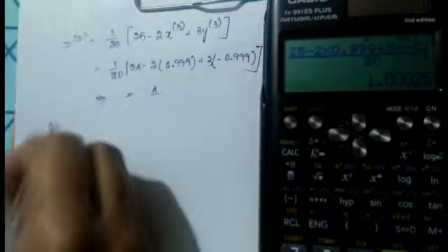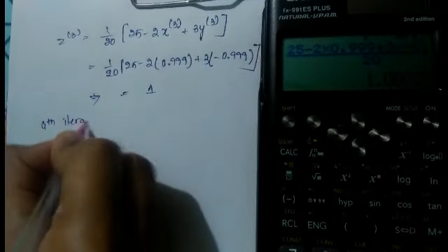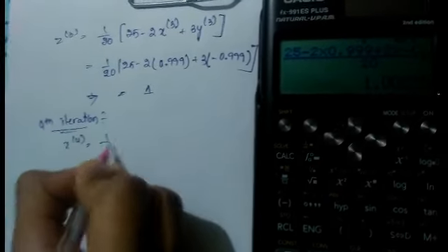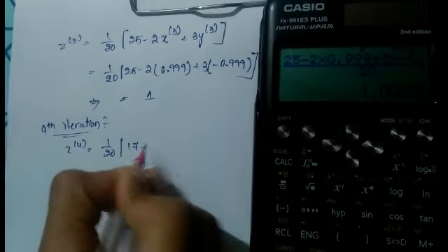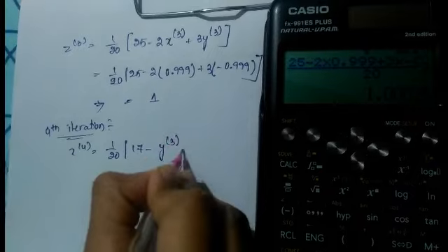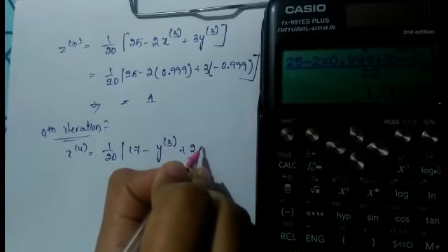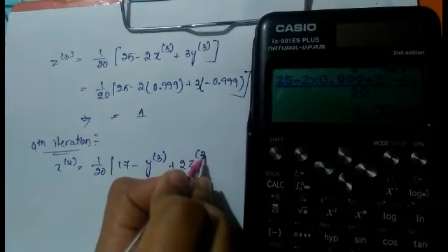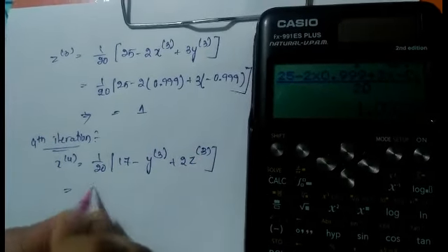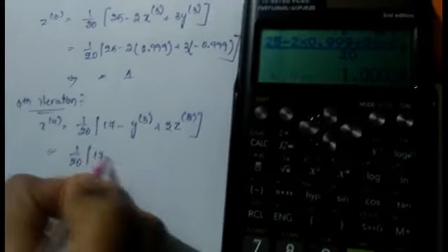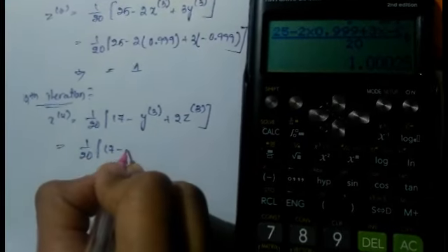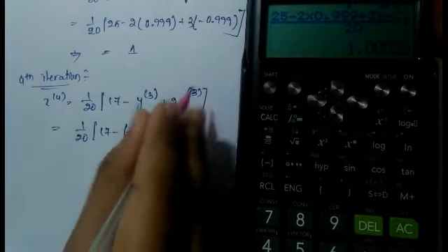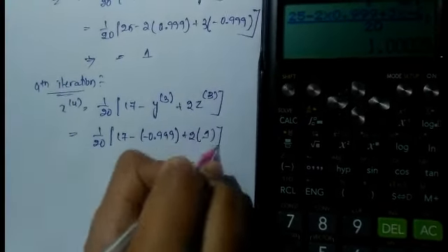Then we go into the fourth iteration. x of 4 equals 1 by 20 of 17 minus y of 3 plus 2 into z of 3. That equals 1 by 20 of 17 minus y of 3, you got the value as 0.999, plus 2 into z of 3, you got it as 1.